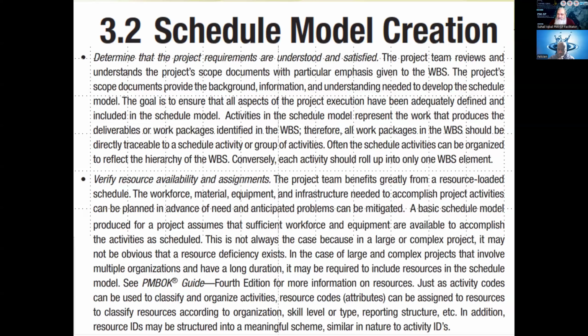As you created an activity ID, the hierarchy of which was depicted by the number you allocated to it, similarly, the hierarchy of the resources should also be visible like that. For example, if this carpenter is a class 1 carpenter, it should depict maybe C1001. If it is a class 2 carpenter, C2001 or something like that. So they all should be unique numbers. This could make the working of the schedule model much easier.